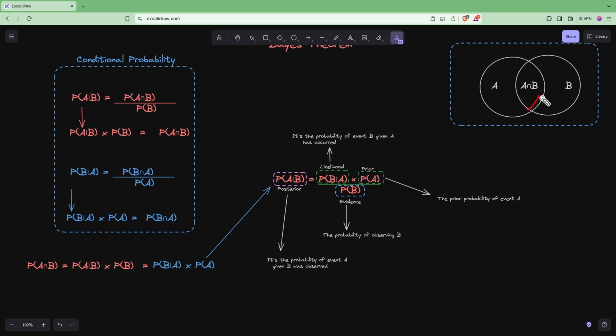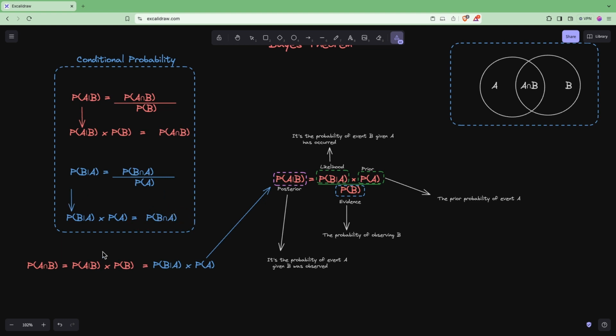The area of this place will always be the same whether you look from this way or this way. We are not talking about area as such, but in terms of area, it is always the same. So with this manipulation, we concluded that the probability of A intersection B or B intersection A is always the same.